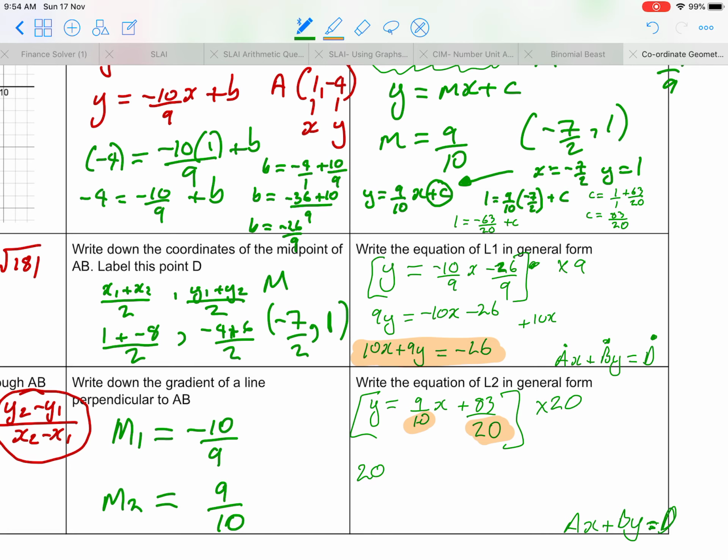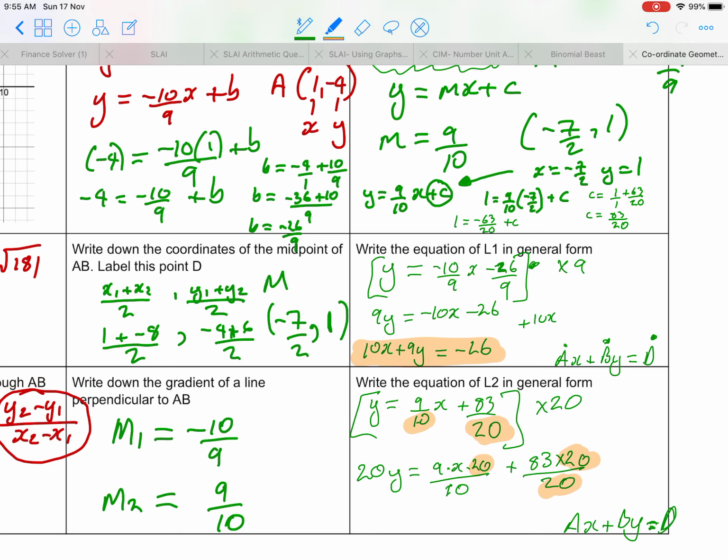So left hand side becomes 20y, the right hand side becomes 9 times x times 20 divided by 10. And then this becomes 83 times 20 divided by 20. So I've done that for you just to show you what happens. And can you see that actually the times 20 divided by 20 simplifies to 1.